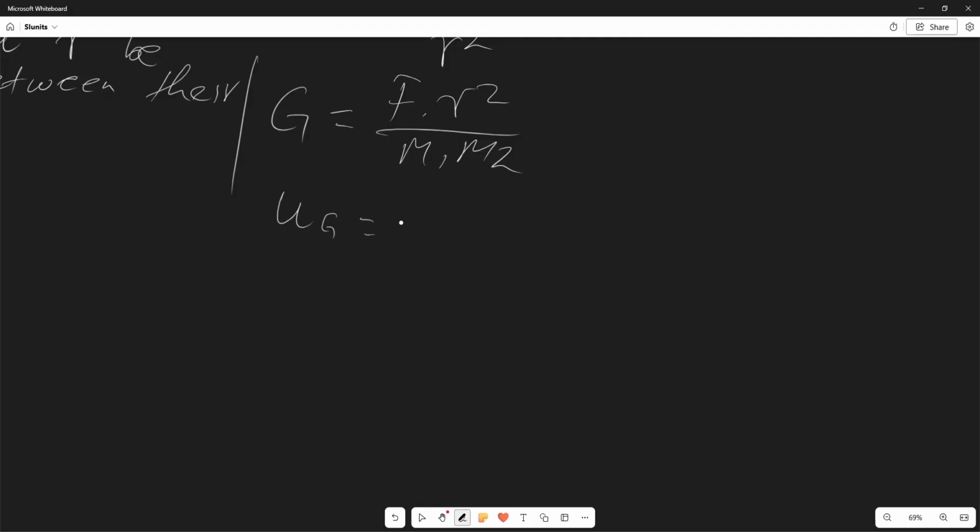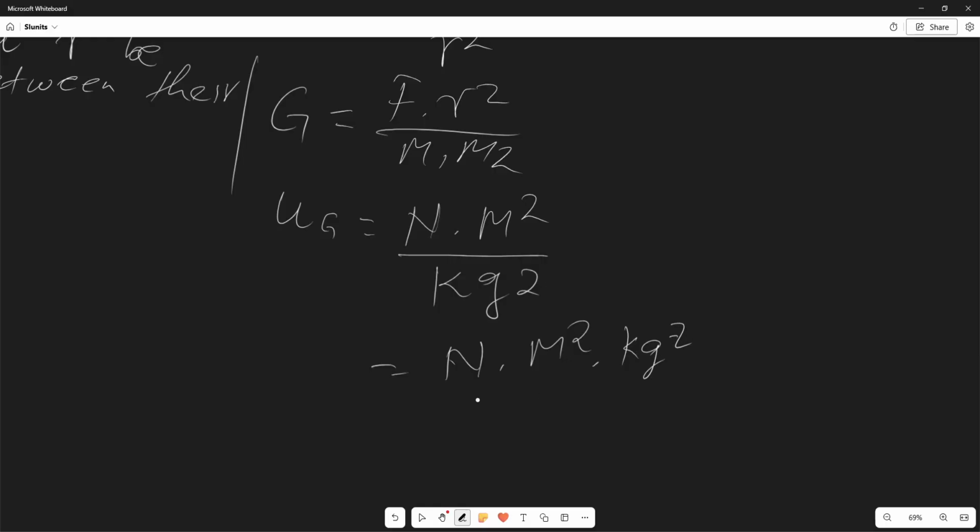So the units of G, the right hand side has the units newtons, and this one is meter squared divided by kg times kg, which is kilogram squared. So that's equal to newton meter squared per square kilogram, or kg to the minus 2.